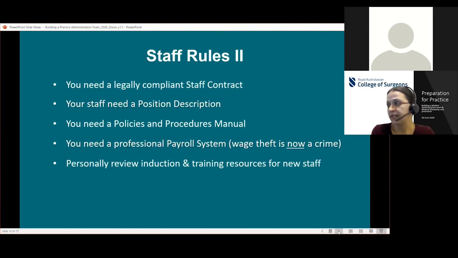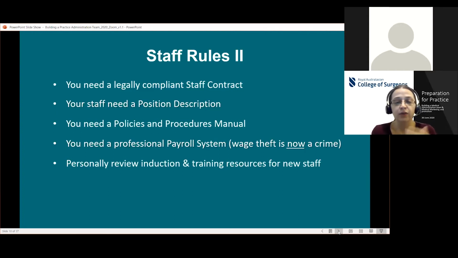Just recently, in the last couple of weeks, they've passed new laws around that in Victoria, which are even stricter than we have for our federal laws, which give significant disincentives to employers who even accidentally underpay someone and can be liable for significant amounts of money and potentially other criminal issues.